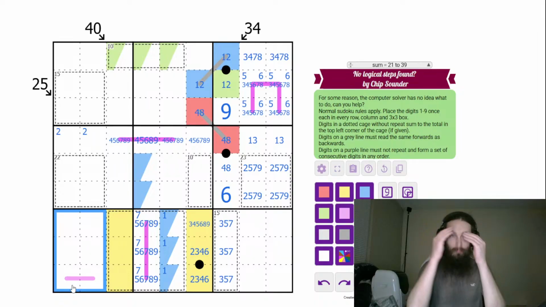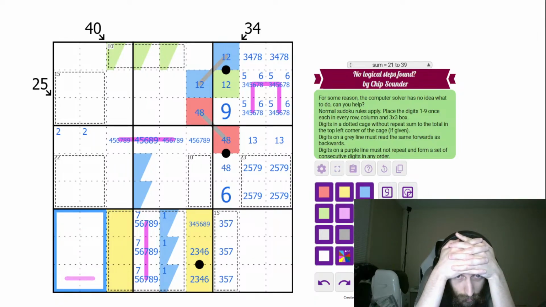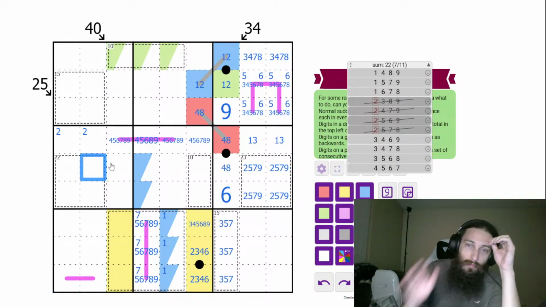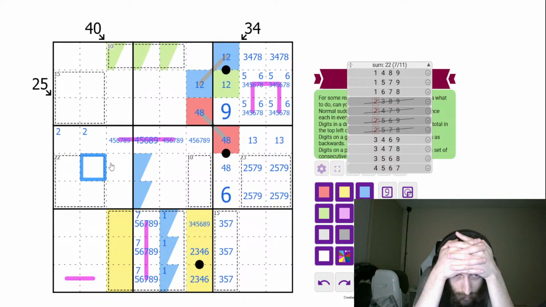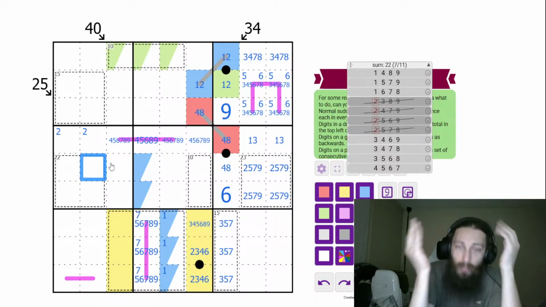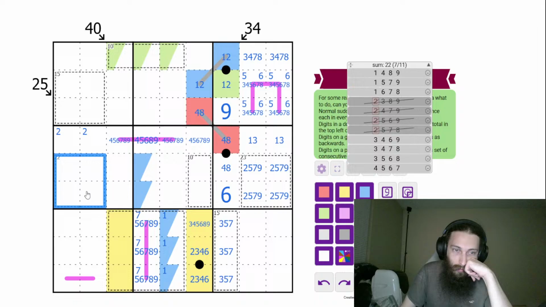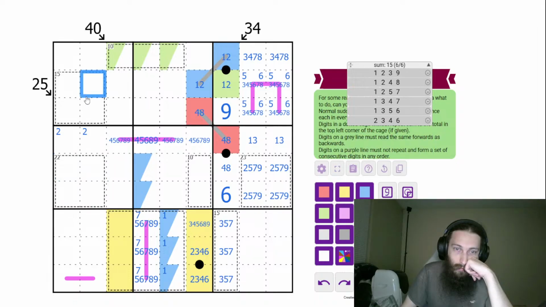Just not seeing anything. Yeah. If I made this 4, 5, 6, and 7, just for funsies, this could be 1, 2, 3, and 9, and they have no overlapping digits.